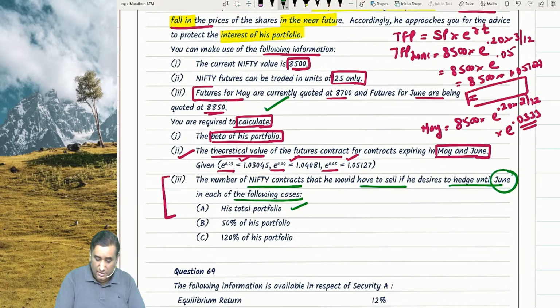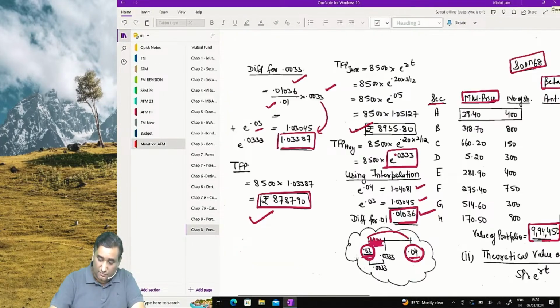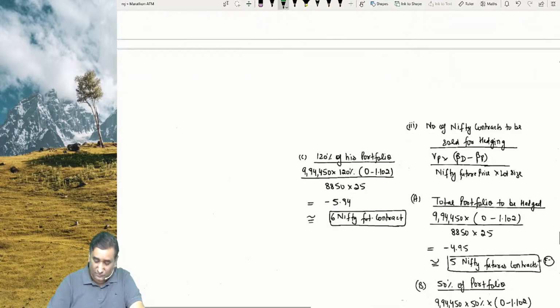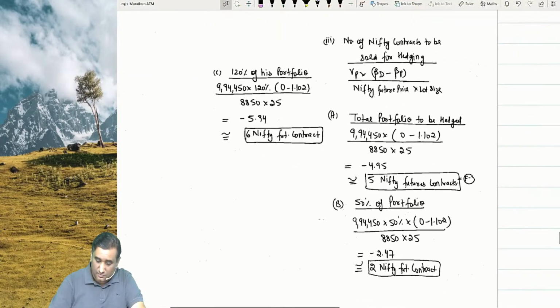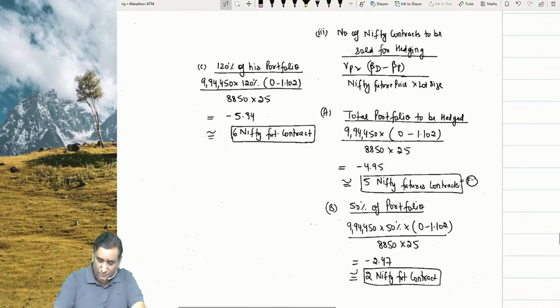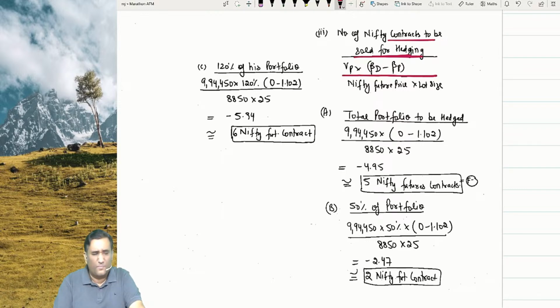Which contract will we take? The June contract. Then 50% of his portfolio, and then 120% of his portfolio. Number of Nifty contracts to be sold for hedging: value of portfolio, beta desired minus beta of portfolio, divided by Nifty price into lot size.